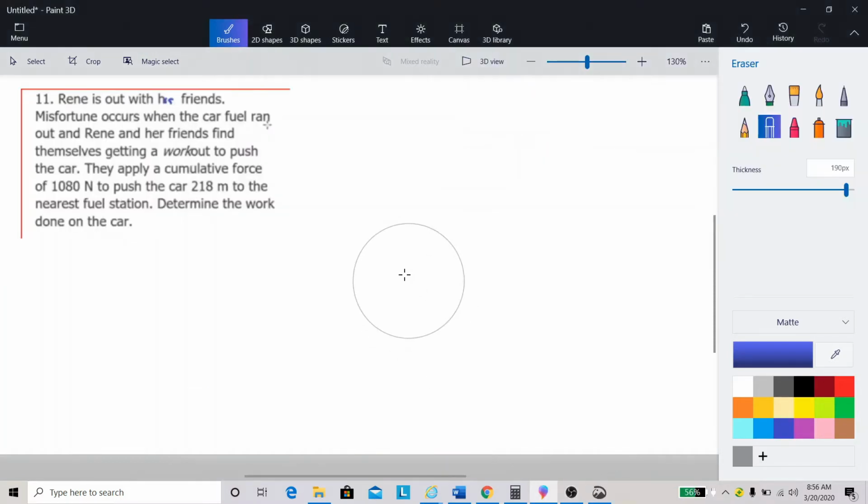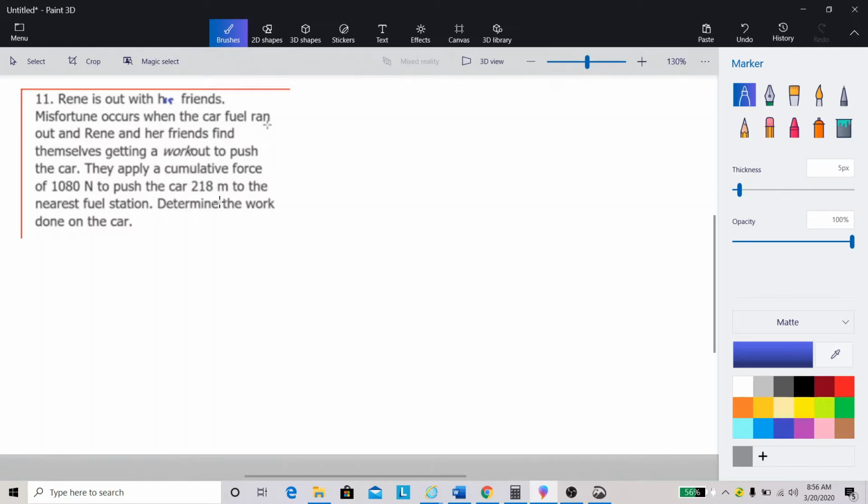Okay, meron na naman tayong problem dito, which is hindi naman talaga problema. Yung si Rene, naubusan ng gasolina. He is out with his friends. Misfortune occurs when the car fuel ran out. Okay?